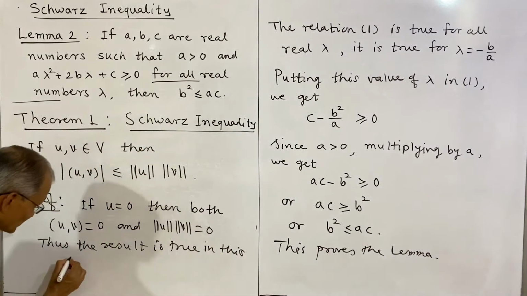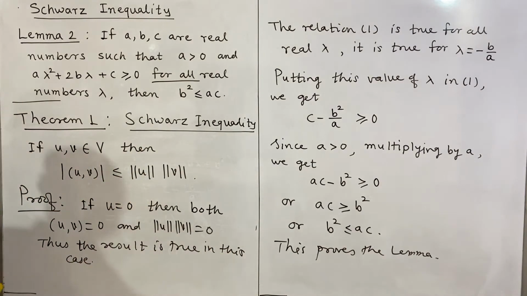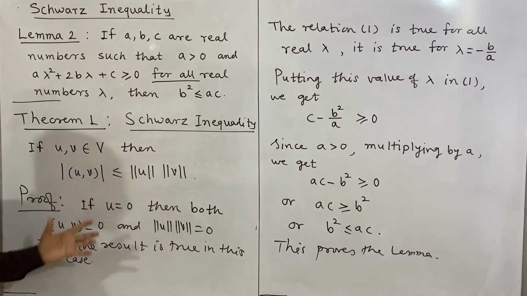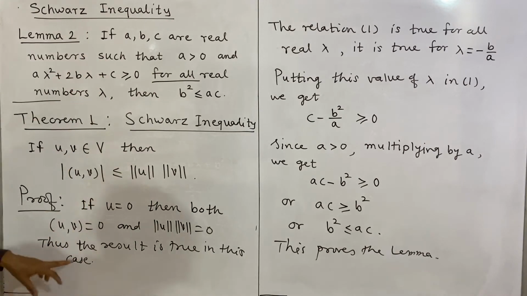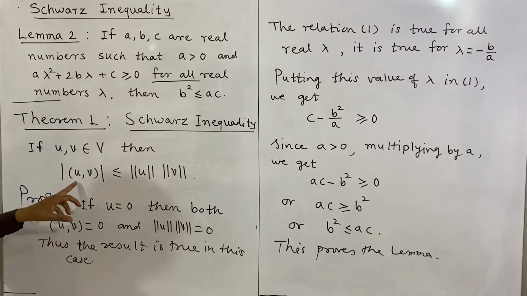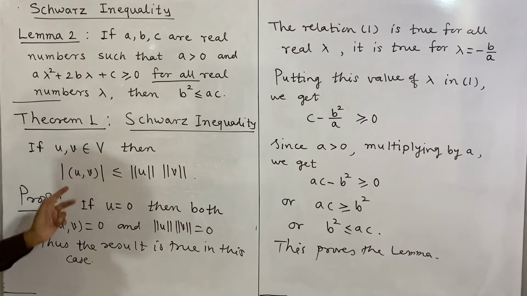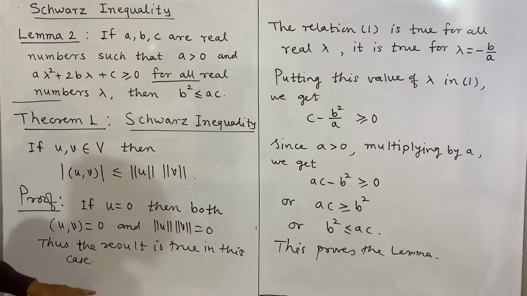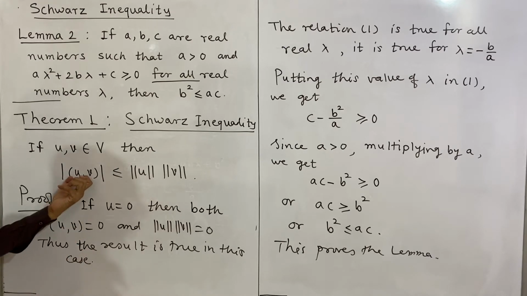The same happens if v is 0. Either u is 0 or v is 0, the result is true. We are considering only the first vector here as u; we can interchange the roles. Now we shall consider u not equal to 0.